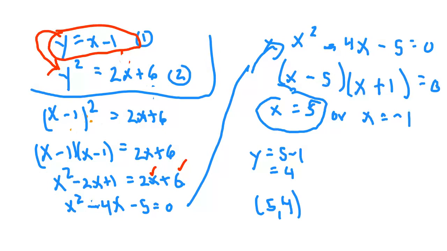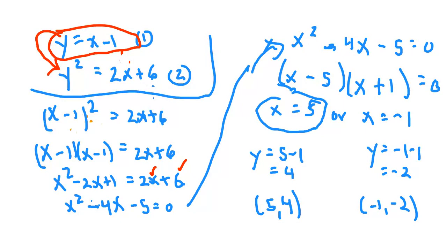And if x equals negative 1, then y equals negative 1 minus 1. And so there y equals negative 2. So (negative 1, negative 2) is the other intersection point.